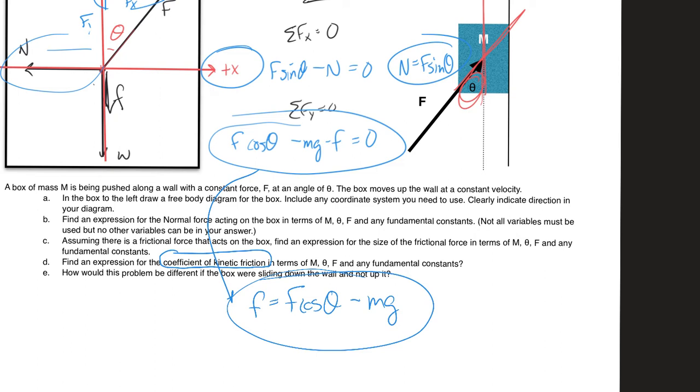I will expect that you know what ratio means. So D would be friction to normal force, or F cosine theta minus mg over F sine theta. That is the coefficient of friction. But we just barely scratched that surface, so we're not there yet. So I will phrase D slightly different than how it's phrased here.